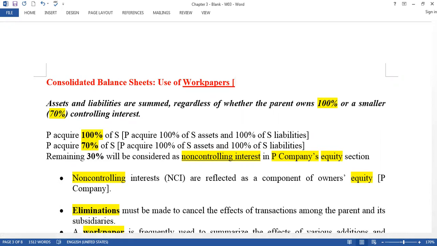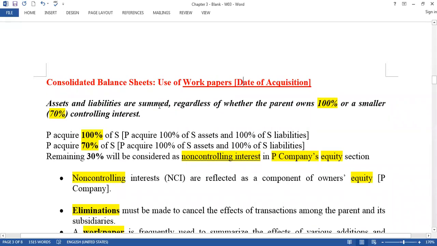And don't forget that we are talking about consolidated balance sheet, the date of acquisition. So what is the assumption here?